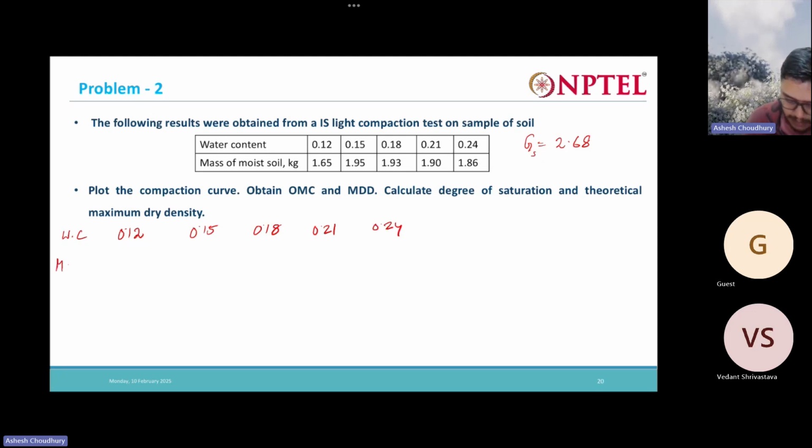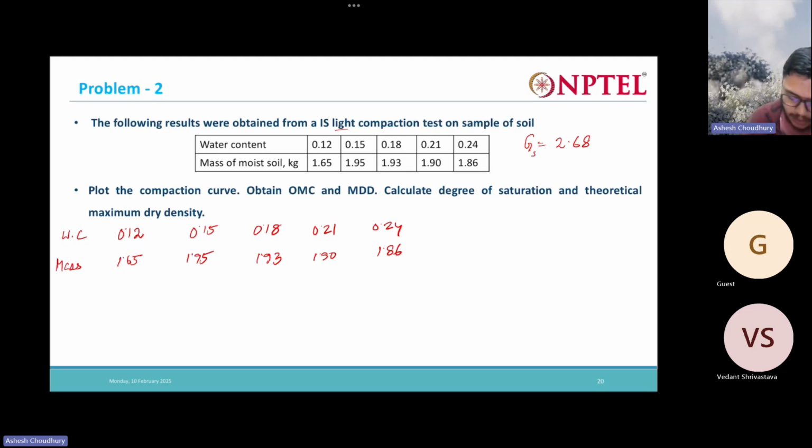Then we have the mass in kg. So what are the masses? 1.65, 1.95, 1.93, 1.90, 1.89. Now for the IS light compaction, what is the volume of the mold that you use? That is 1000 cc, 1000 centimeter cube, right?